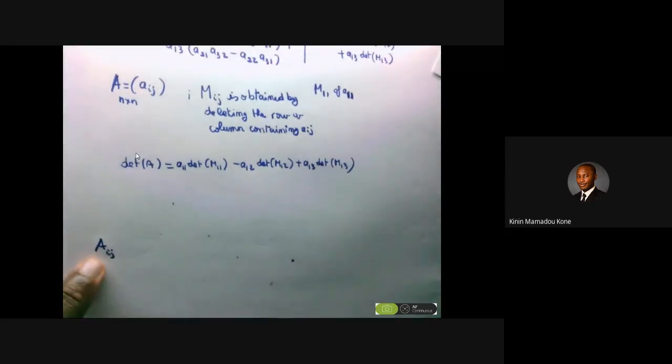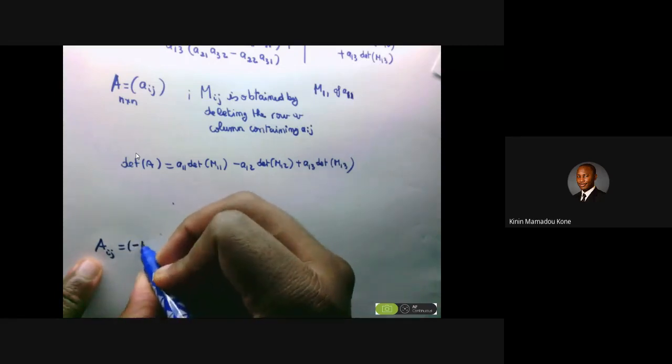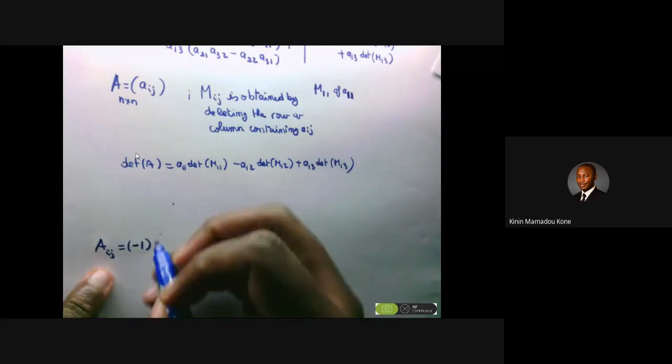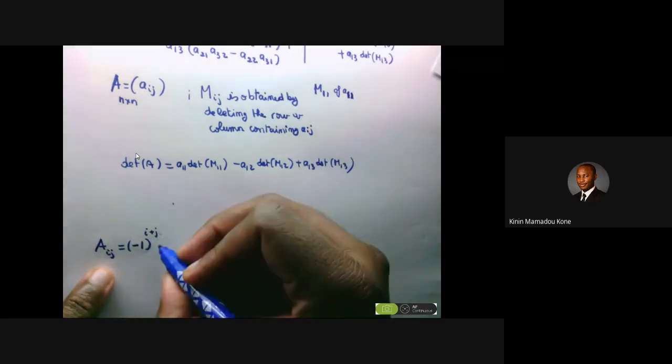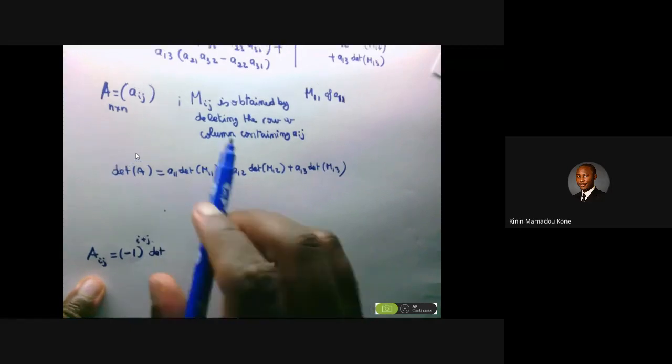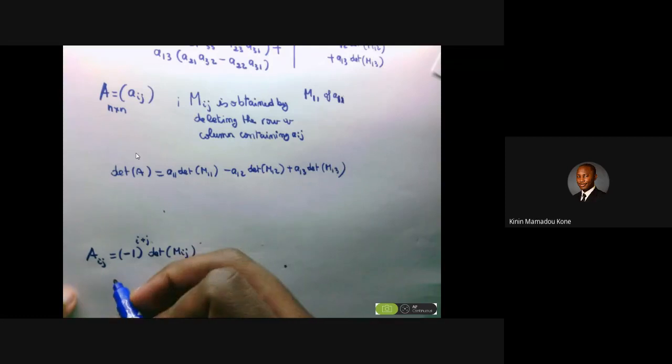And A sub ij is going to be equal to minus 1 raised to the power i plus j, multiplied by the determinant of that minor matrix, the determinant of Mij.